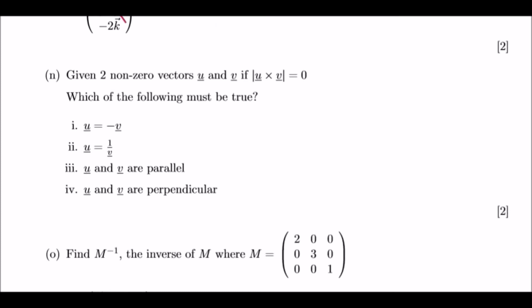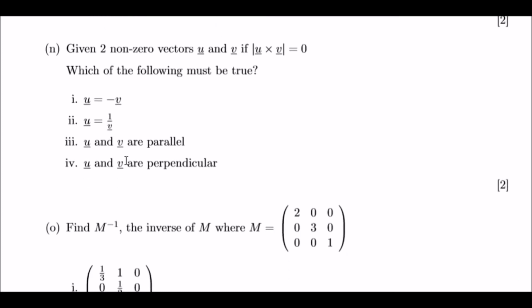Okay, so question N. Given two non-zero vectors u and v, if the magnitude of the cross product of u and v equals 0, this means that we need to use some right-hand rule. The cross product u and v equals 0 usually refers to perpendicular. Which of the following must be true? Well, u equals negative v, not necessarily.